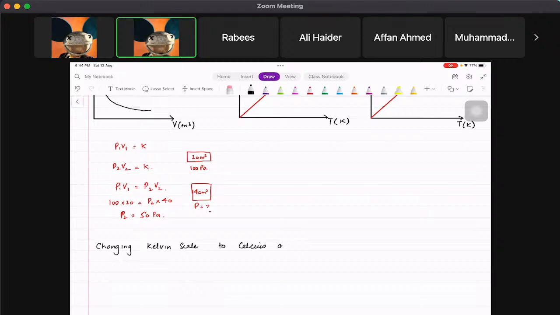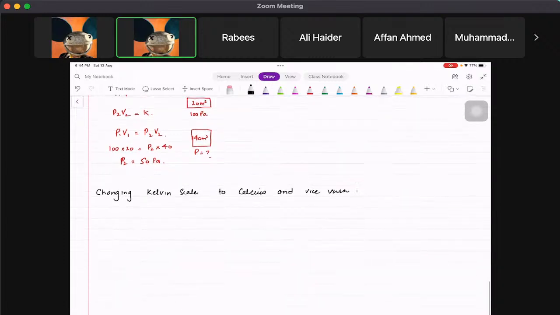Okay, so they have a pretty simple relationship. So you should remember that the temperature in Kelvin is equal to the temperature in degrees Celsius plus 273.